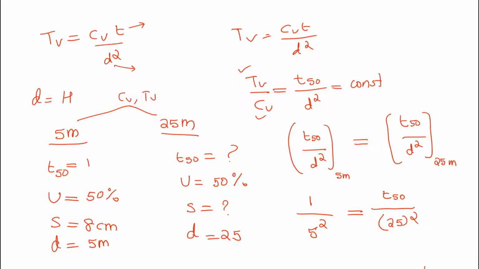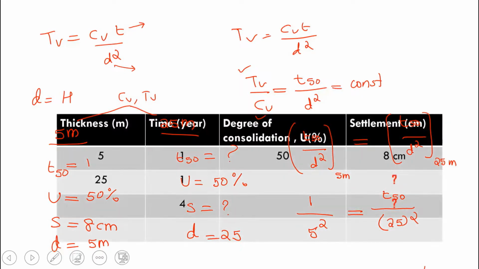So from this equation, I can calculate the time required for the 25 meter clay layer to undergo 50% consolidation. So I can write it as 25 square by 5 square into 1, which is equal to 25 years.